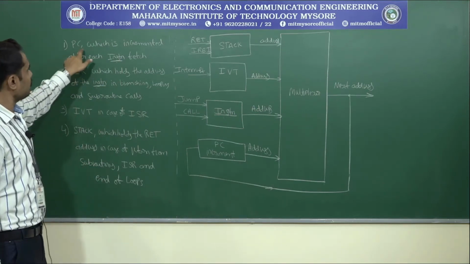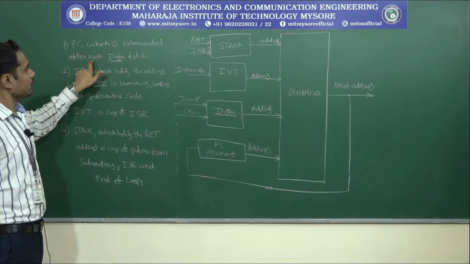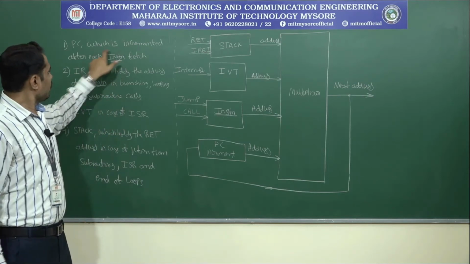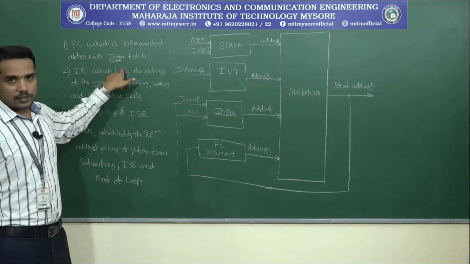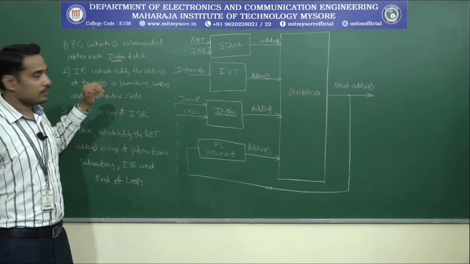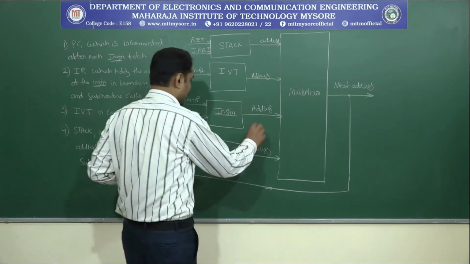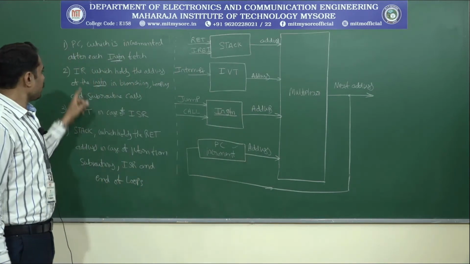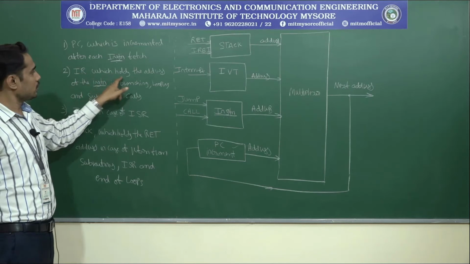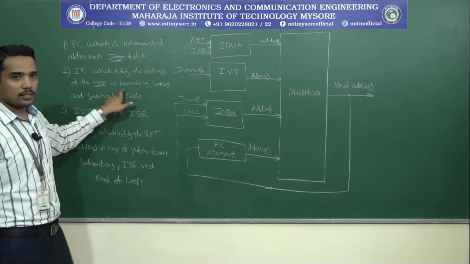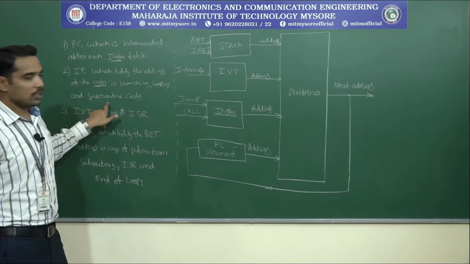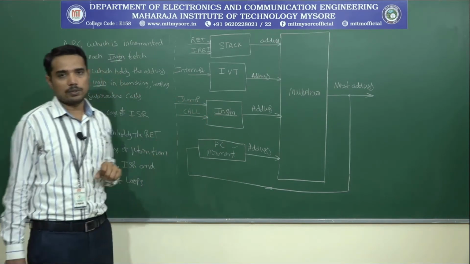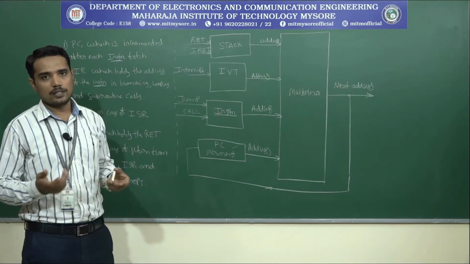In the first case, the PC is incremented after each instruction fetch. If we are dealing with instruction fetch in a sequential way, then this will be selected and given as the next address. Or the instruction register which holds the address of the instruction in branching, looping and subroutine calls, that is with respect to this case. Here jump, that is with respect to the conditional jump or unconditional jump.